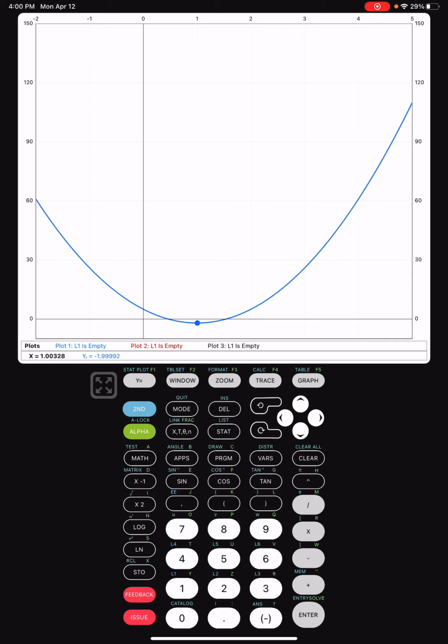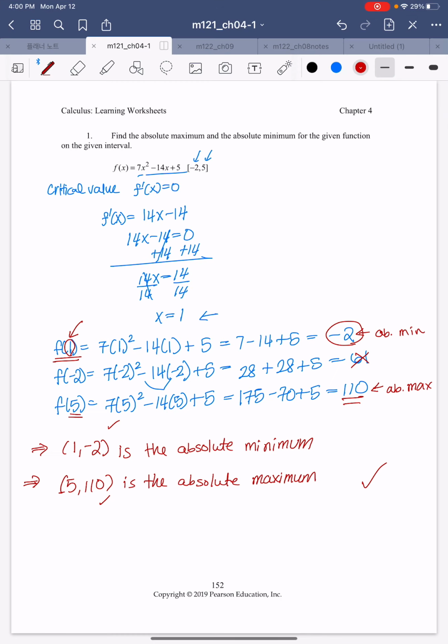That looks like what we found, positive 1, negative 2. So that is indeed my absolute minimum. And the highest point occurs at the endpoint at 5. So (5, 110). It's approximated because I'm eyeballing it, but you can see that it's going to be (5, 110). So that's good. That's what we got, and we confirmed it with the graphing calculator.